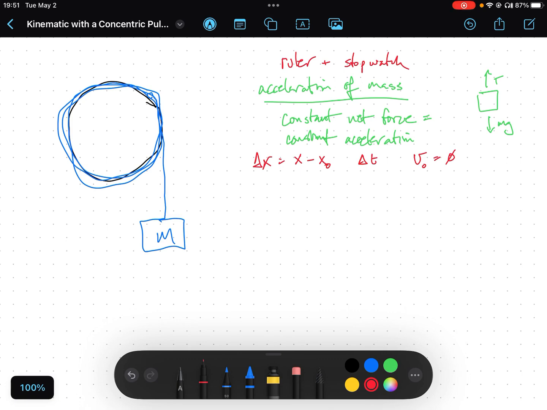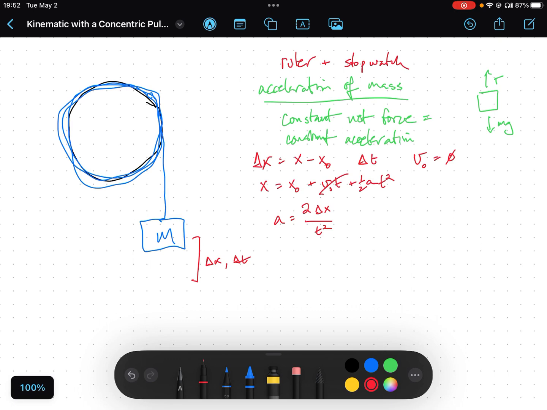And with that information, this equation, x equals x naught plus v naught t plus 1/2 a t squared, allows us to find acceleration. v naught is zero. x minus x naught is our displacement. And if we algebraically solve for acceleration, we get that it's going to be equal to 2 times the displacement divided by time squared. So all we need to do here is measure the displacement and how long it takes for the mass to move that distance.